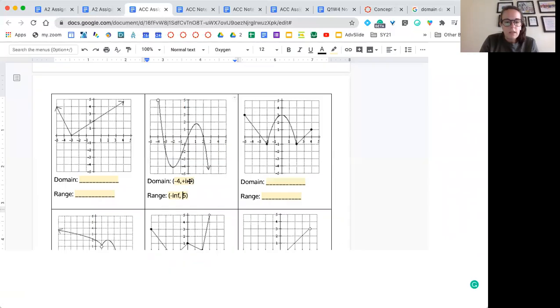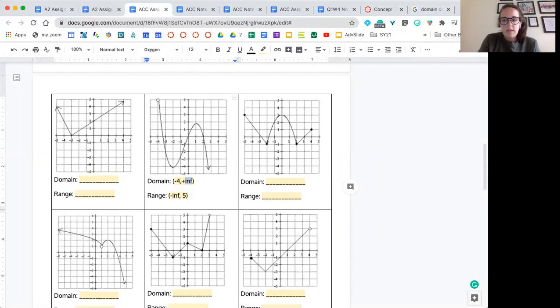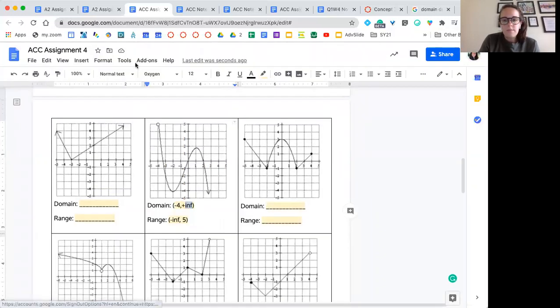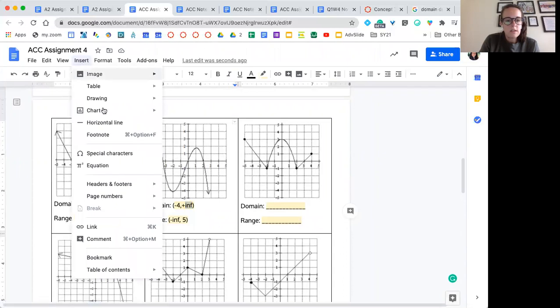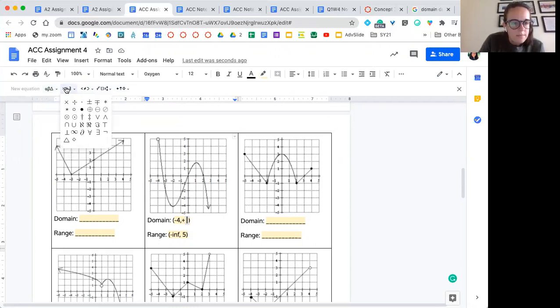If you are really excited about using the equation editor, you can go ahead and press, give me 1 second. You can press insert and go down to equation. And you can press with, I think it's here. Why am I not seeing it? Oh, here it is.